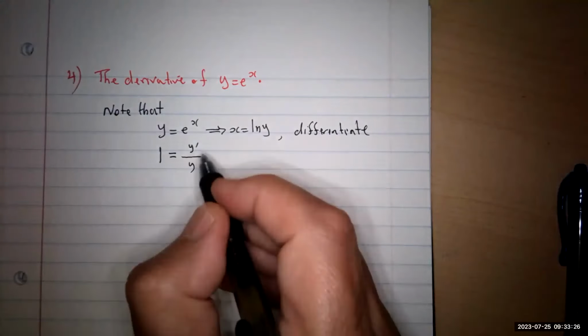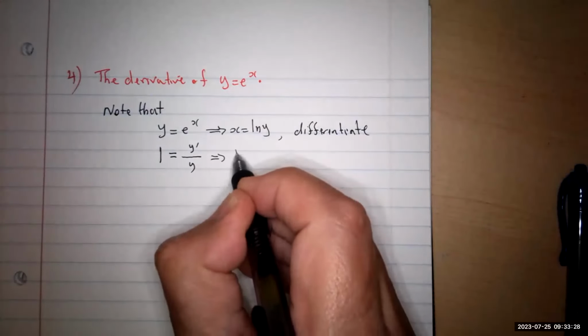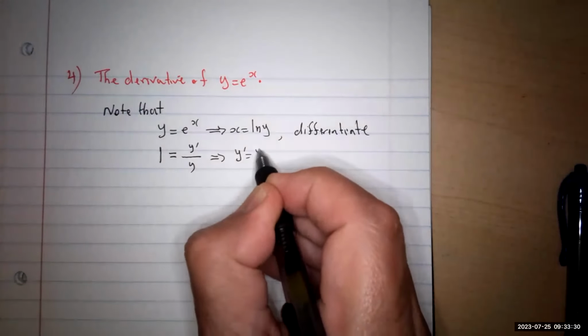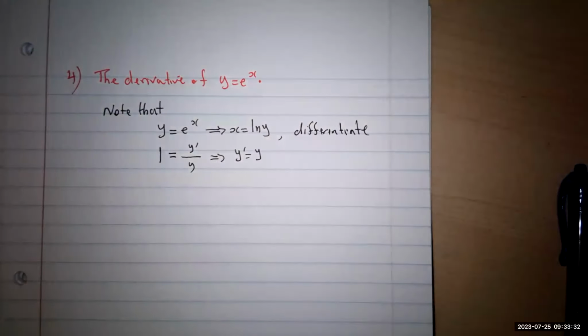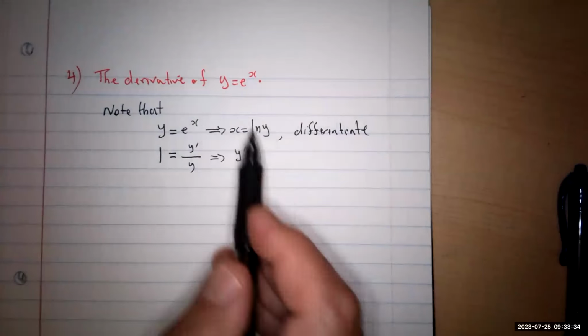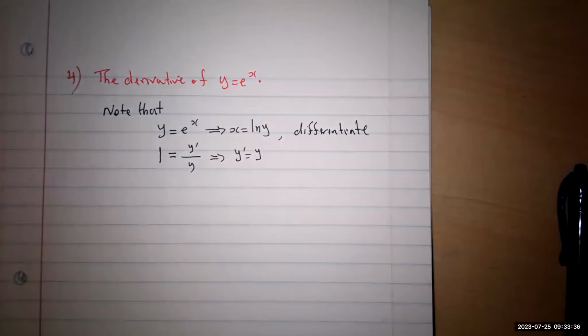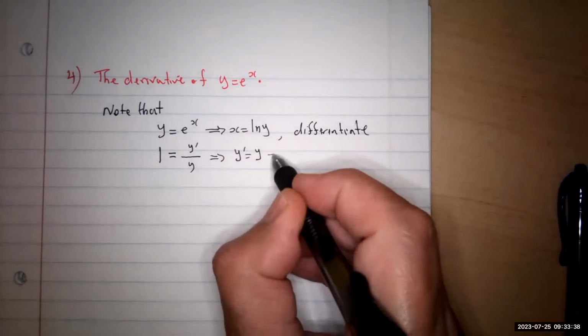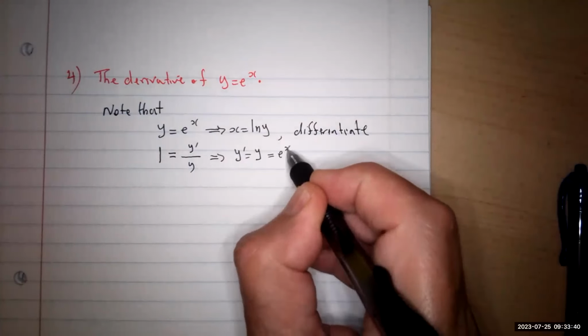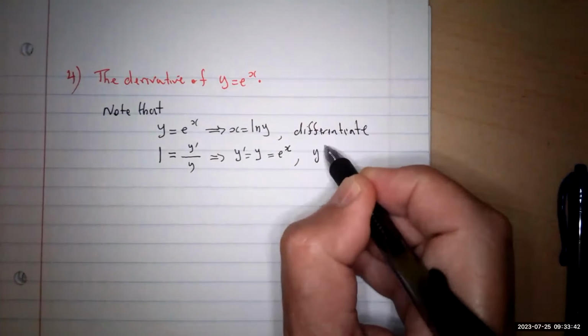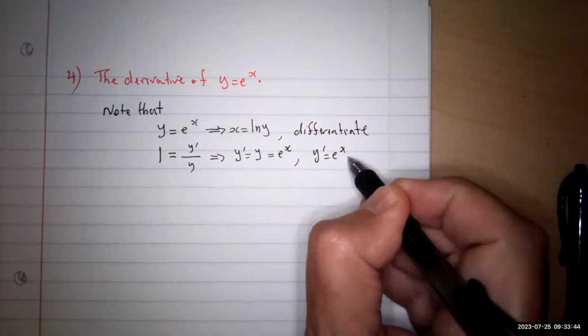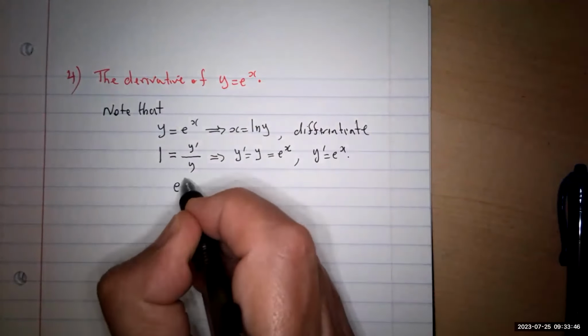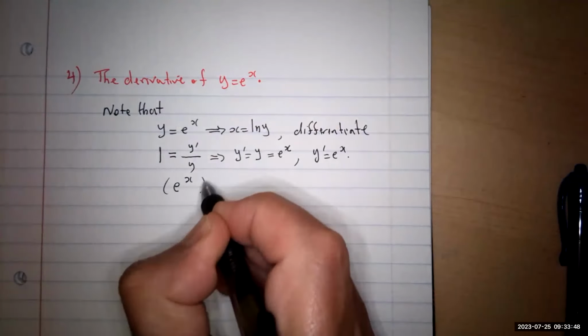If we cross multiply, that gives you y prime is equal to y. y prime is the derivative of the function, and y is just the function. So this means this is going to be equal to e to the x. So y prime is e to the x.